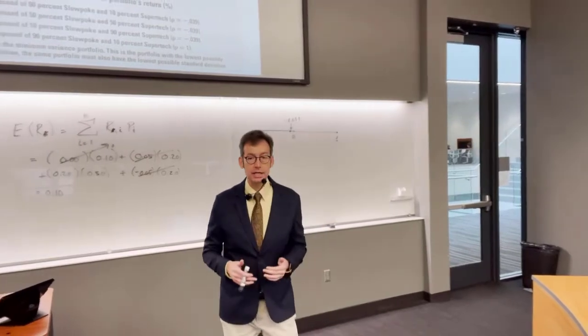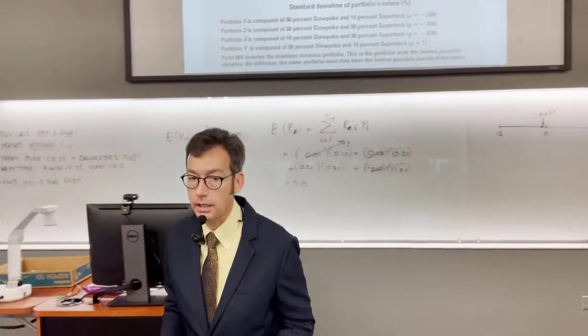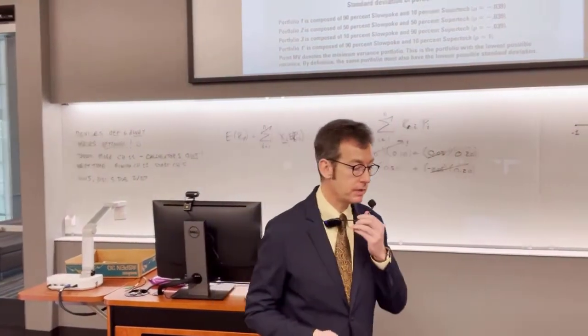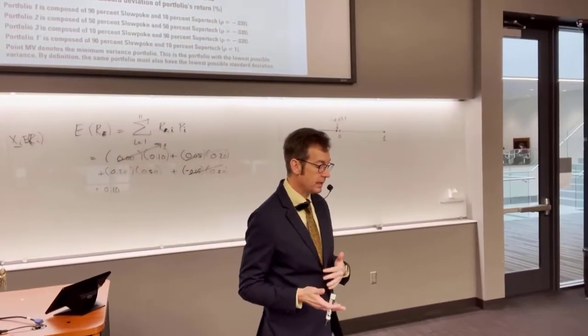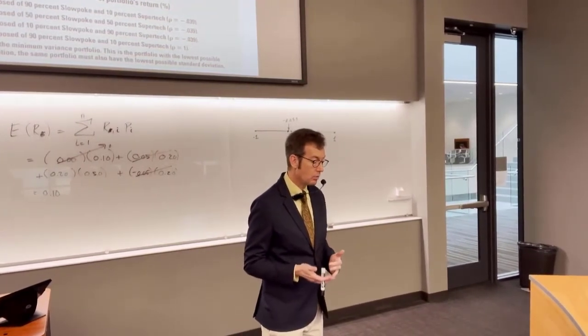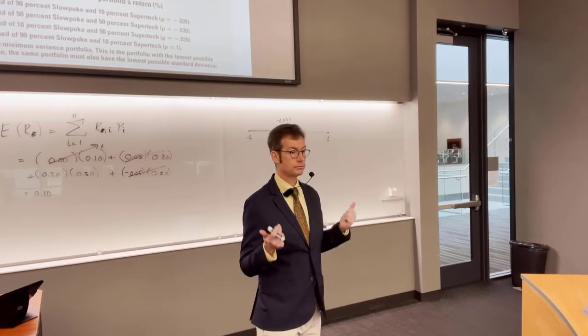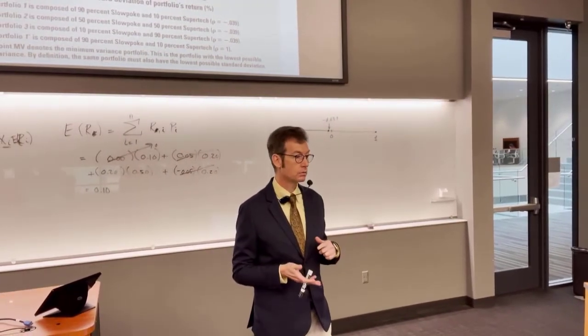Now I want you to notice it's not composed of 100% of the safest stock, and that's because of this diversification benefit. So would we want to invest in 100% Slowpoke or portfolio number one? Which would you rather invest in, one or Slowpoke?